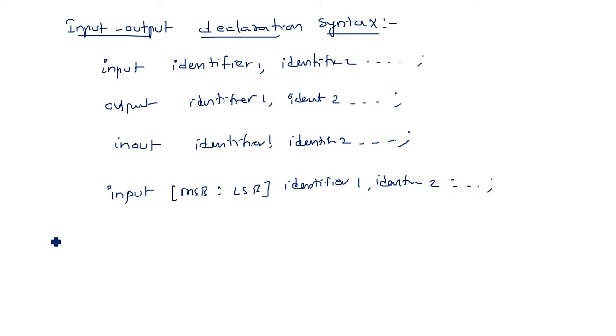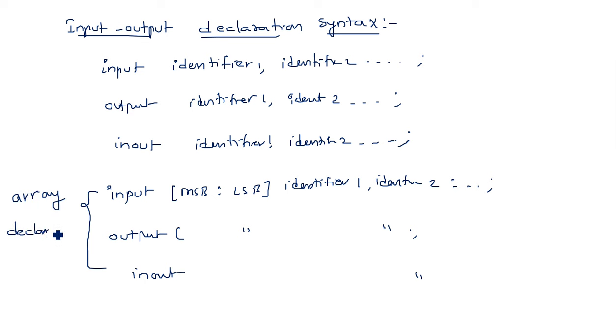Similarly the same is the case with output and in-out also. This is for array declaration, and this is for single bit declaration.